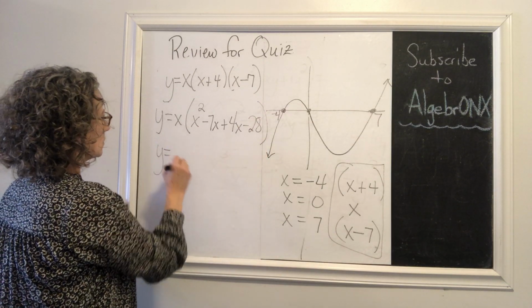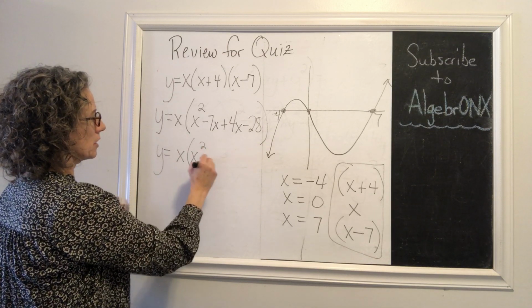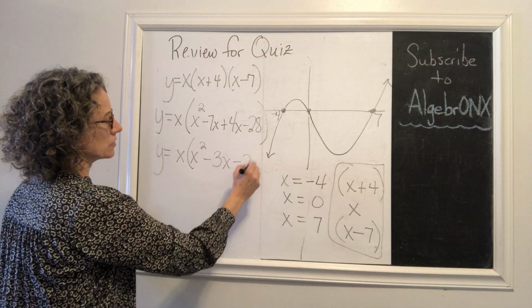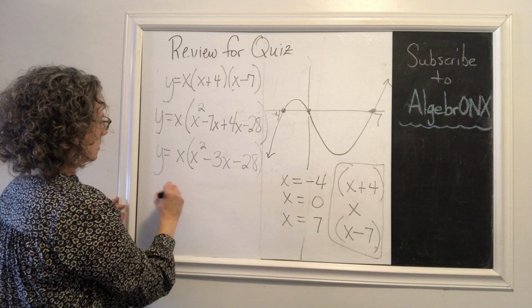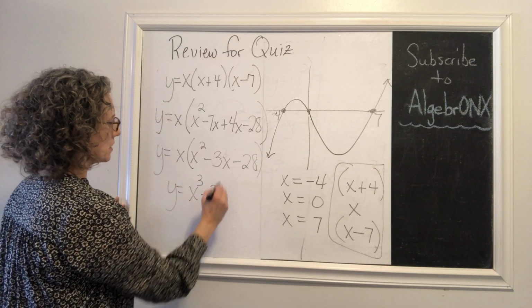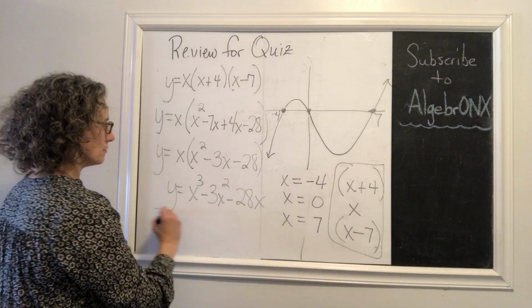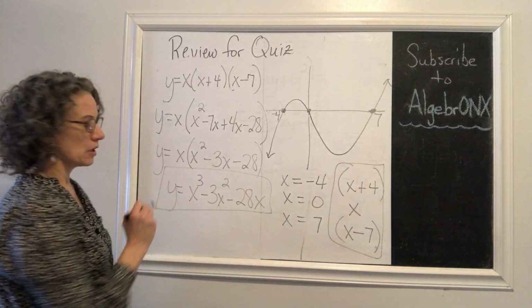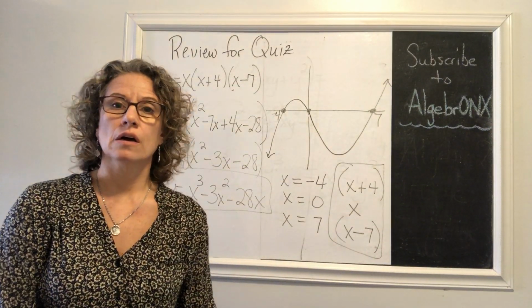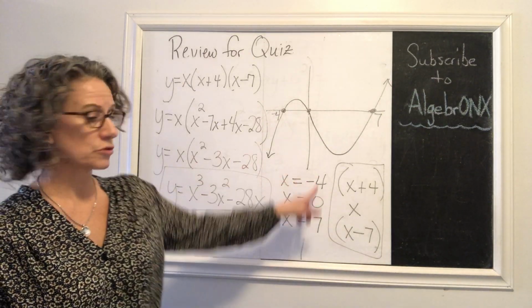So y equals x times x squared minus 3x minus 28. Distributing that x in, it's x cubed minus 3x squared minus 28x. That's it, voila. This is your polynomial function that represents this graph and has those roots.